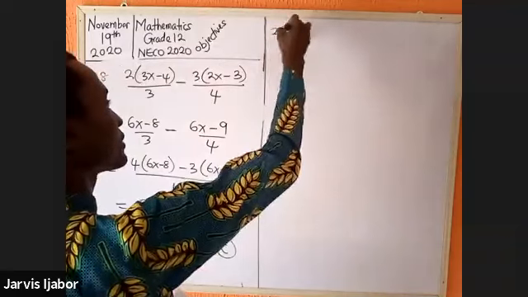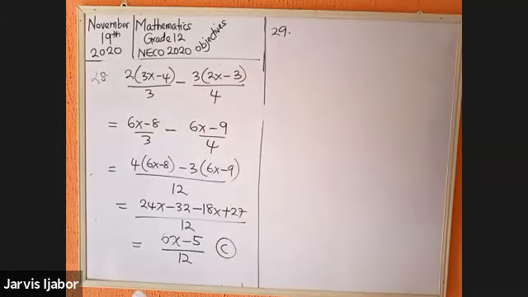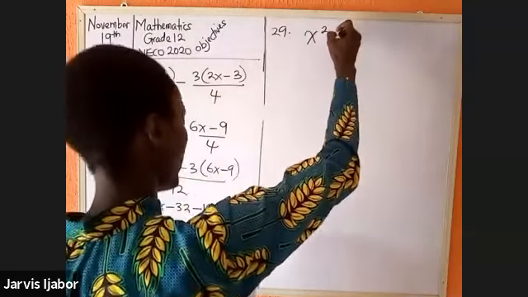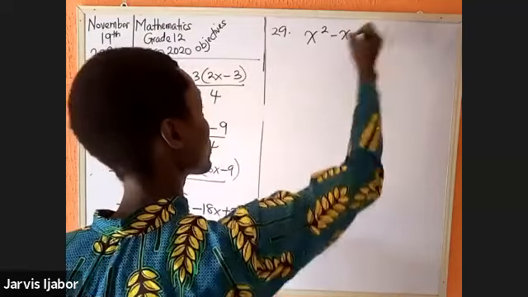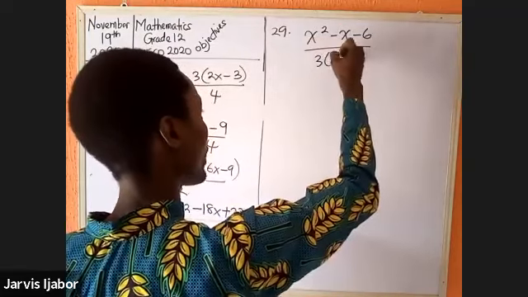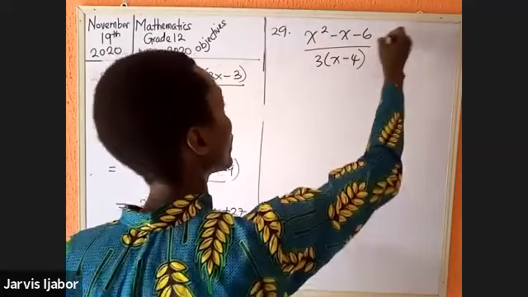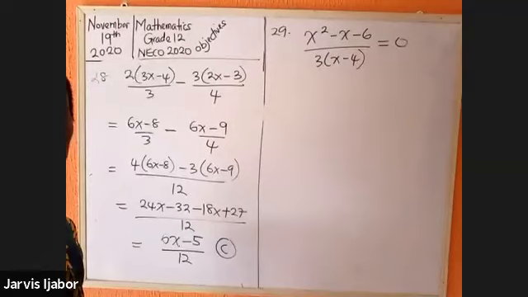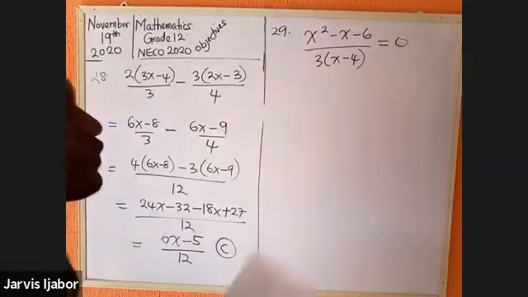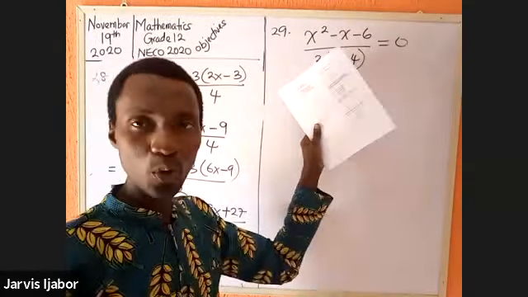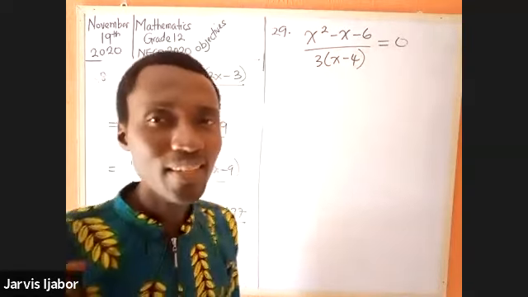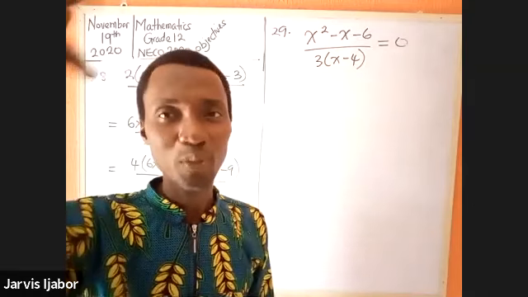Let's look at 29. In question 29, we are told: for what values of x is the fraction (x squared minus x minus 6) over (3 into x minus 4) equal to 0? Now, if an algebraic fraction is equal to 0, the rule here says equate numerators.